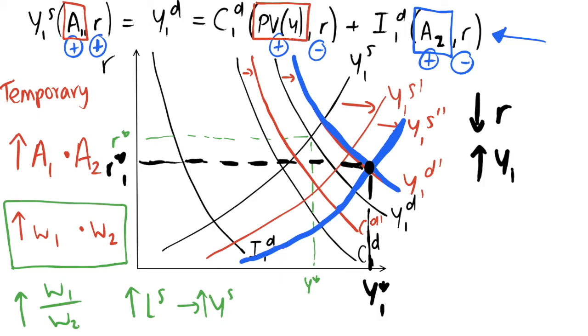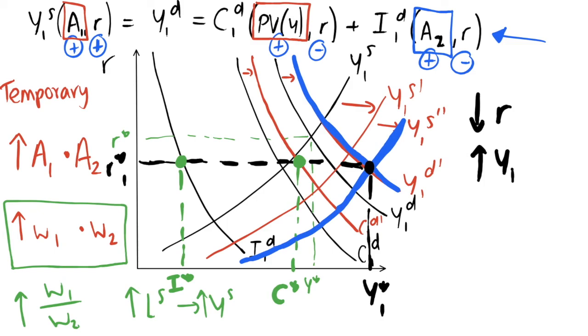So we can see that we have this new interest rate R1 star, and at this interest rate we can now figure out how much consumption we have and how much investment we have at this interest rate, and we can actually now draw a line down from those to say that our consumption in the economy is this C star and our investment in the economy is I star.